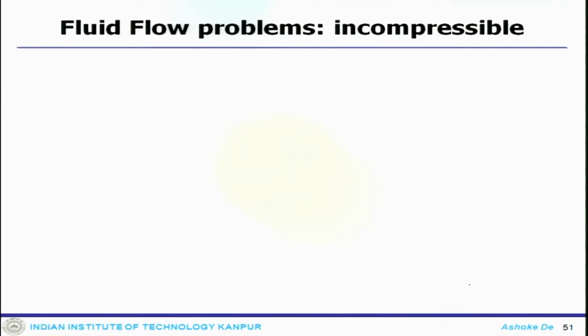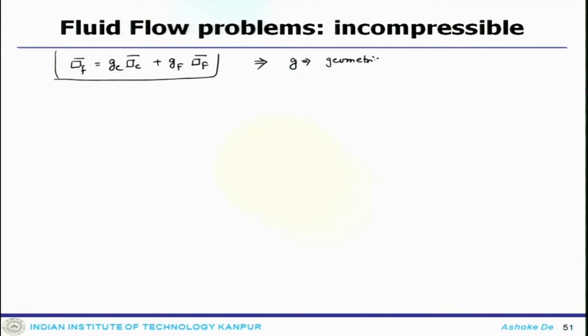Now, in this one, between C and F, one has to obtain the linear interpolation. So, any variable which lies in between C and F can be calculated like this, plus G_F, where G stands for geometric interpolation factors.